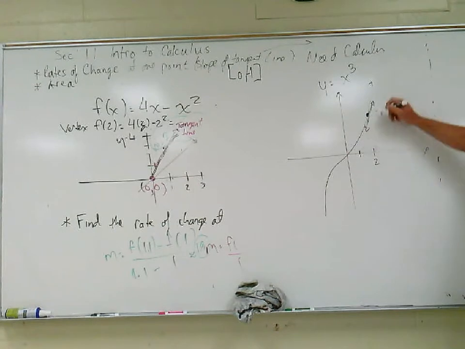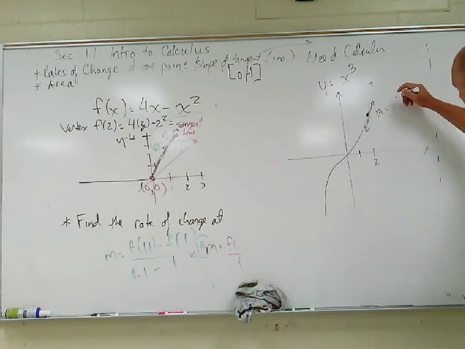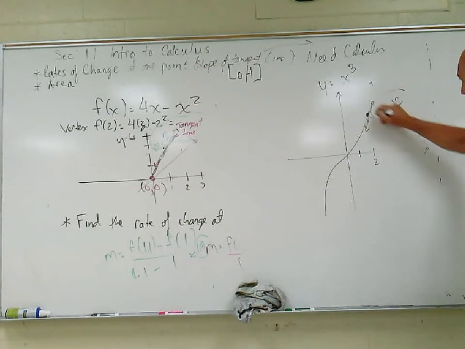So there's the x cubed graph right here at 2. I want to find the slope. So question again, is it positive or negative? The slope, right, positive. Is it steep or shallow? Steep. So I can tell you from calculus that the slope is 12.